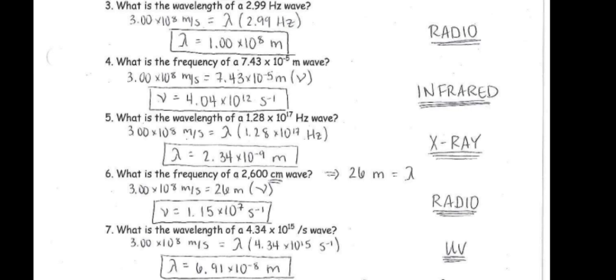So we get the frequency, 4.04 times 10 to the power of 12 s negative 1. So that's our final answer. It is very easy, you just divide and substitute, and then identify whether it is the frequency or the wavelength. That's the way.